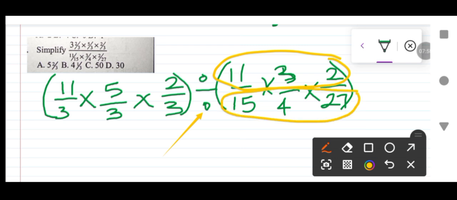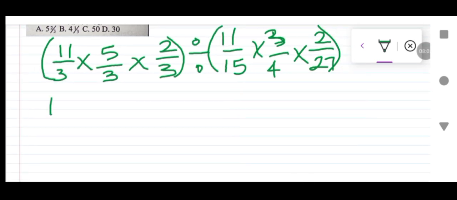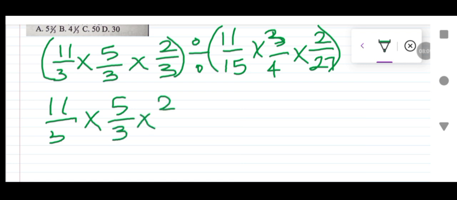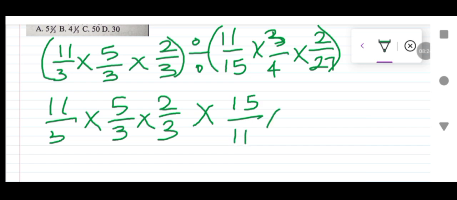And that's just the simple principle. So you are going to have 11 over 3 times 5 over 3 times 2 over 3. All these ones will not be affected by what we want to do. Then this division now changes to multiplication, and now we have all this to be the numerator in this case. So we have 15 over 11 times 4 over 3 times 27 over 2.